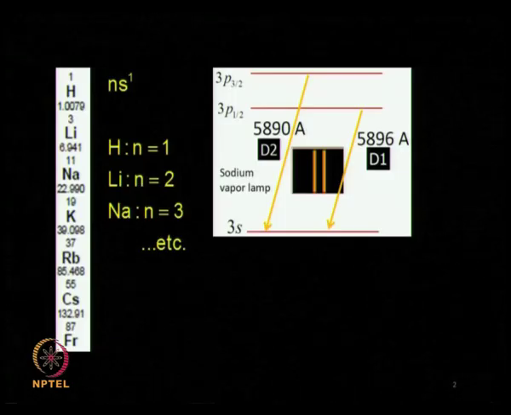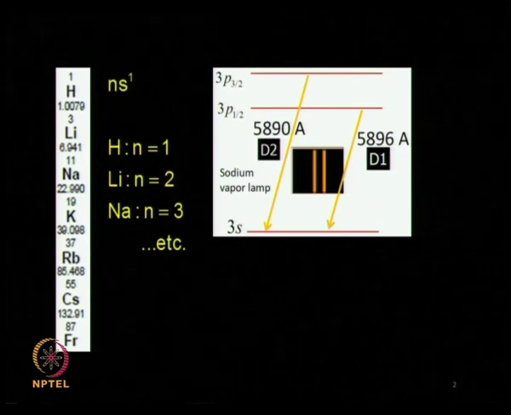So it is obvious that the energy of 3p is different from that of 3s in the sodium atom, but in the same group if you go to the hydrogen atom, which is the simplest of all of these atoms in the first group, the energy of 3p and 3s for the hydrogen atom is exactly the same. Okay.